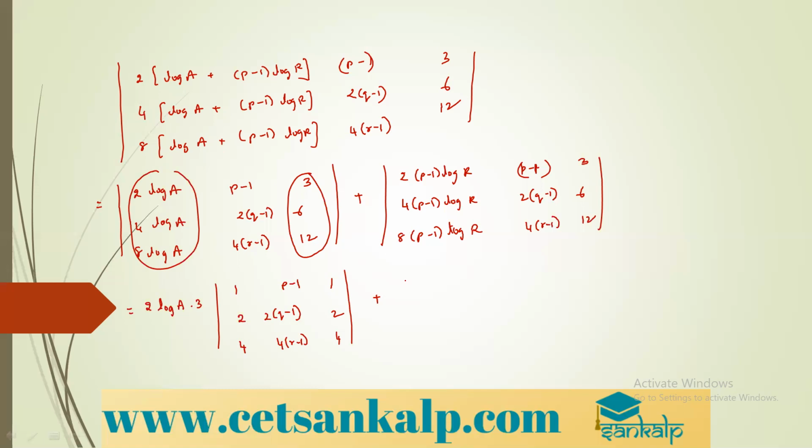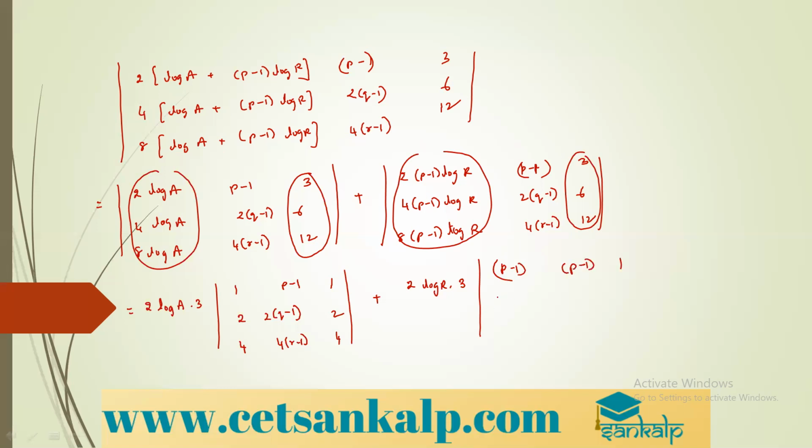Similarly, here for the second one, I will pull out 2 log R into 3. That means from this column, I will pull out 2 log R, and from this column, I will pull out 3. So I have P minus 1, P minus 1, 1.